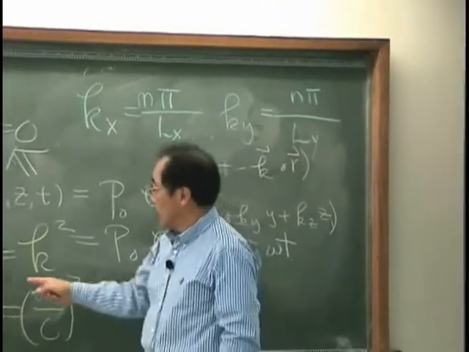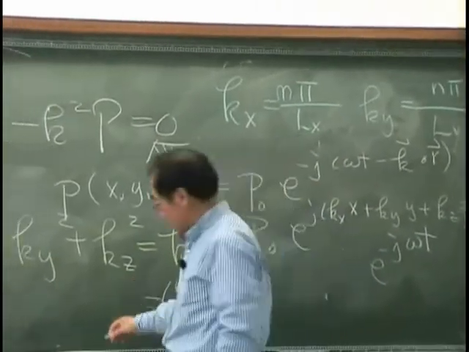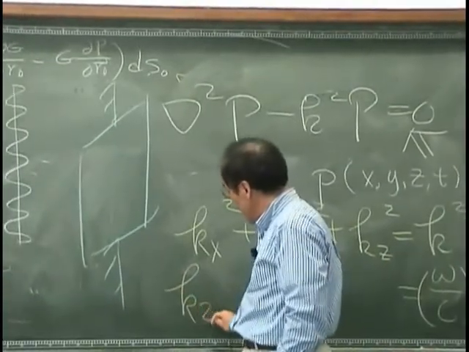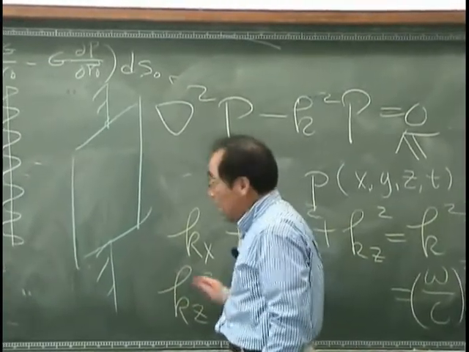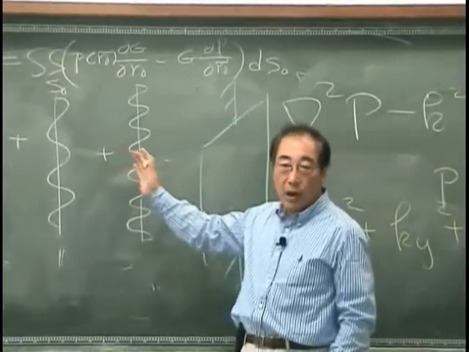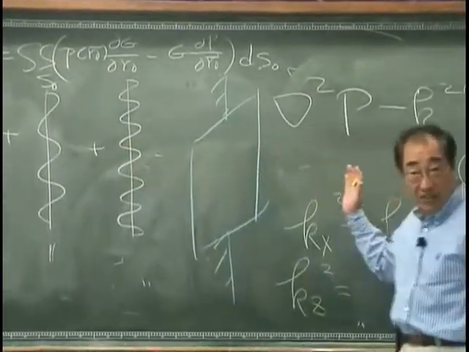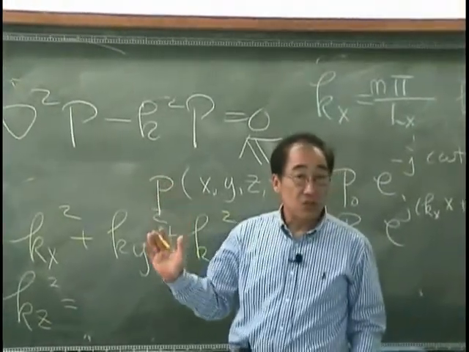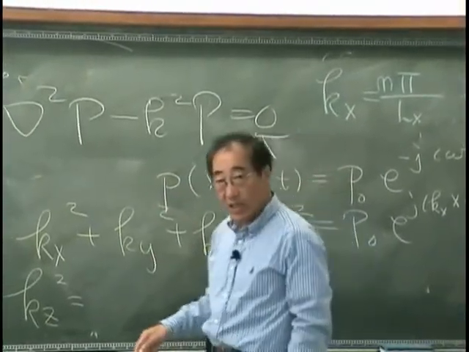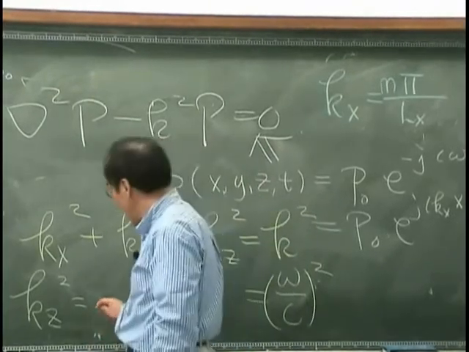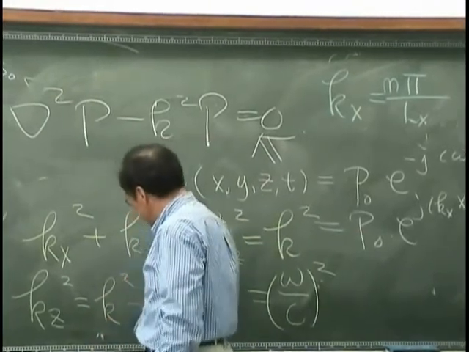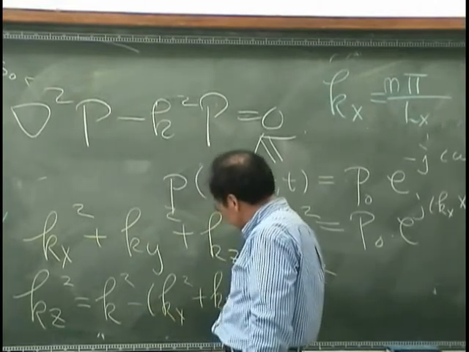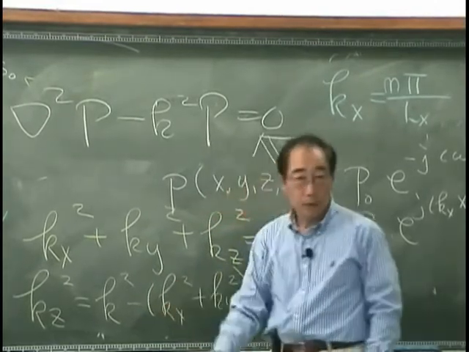Okay, so now I can argue that this is the important part. Kz, that is the wave number propagating in the z direction, is related with Kx and Ky and K. Right?